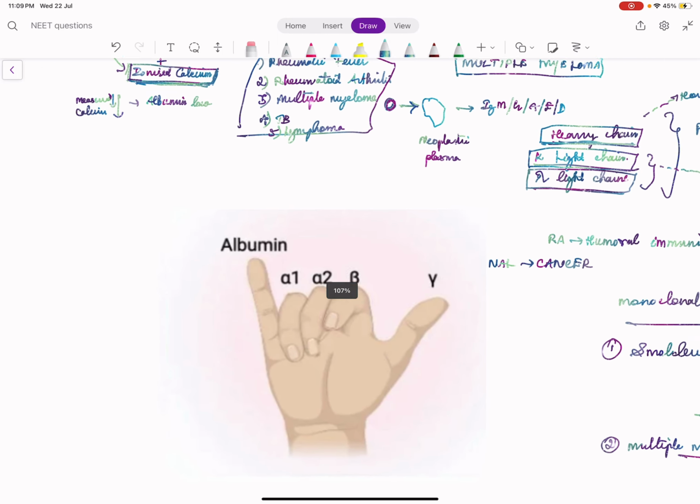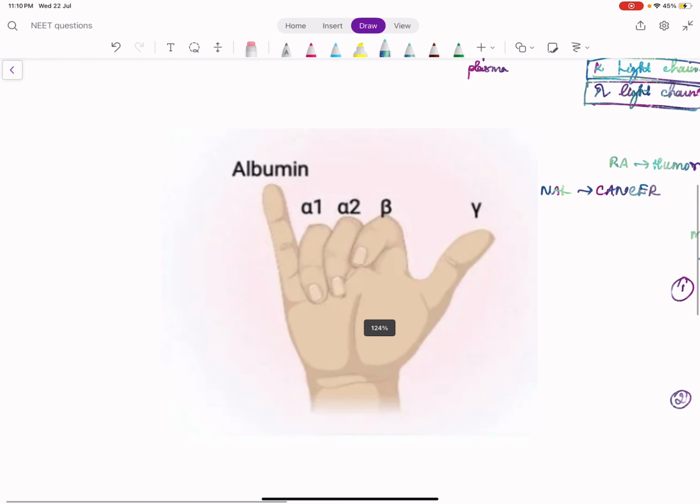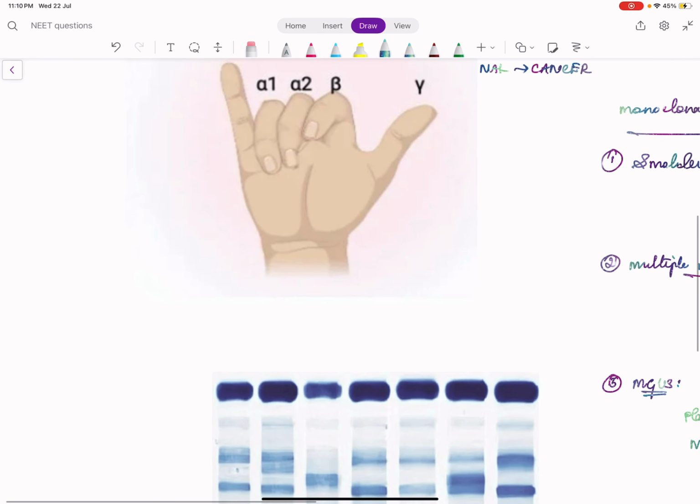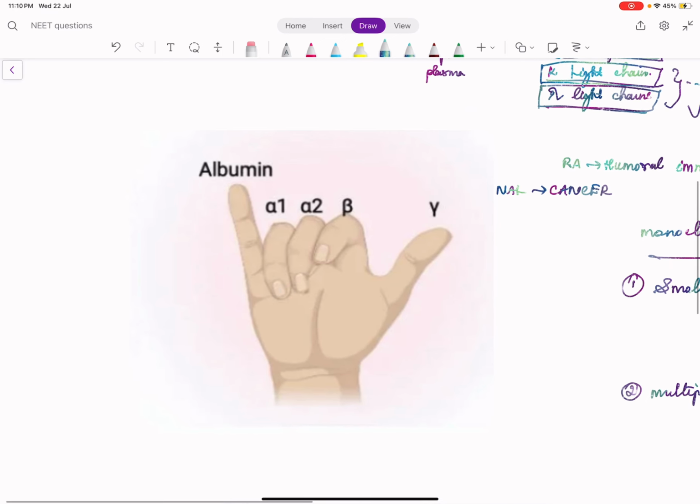Many of us get confused about serum electrophoresis. Remember this one, okay? The upright palm is the image to remember. If you draw a graph of protein, the initial spike is albumin. Then we have alpha 1 globulin, alpha 2 globulin, and beta globulin.